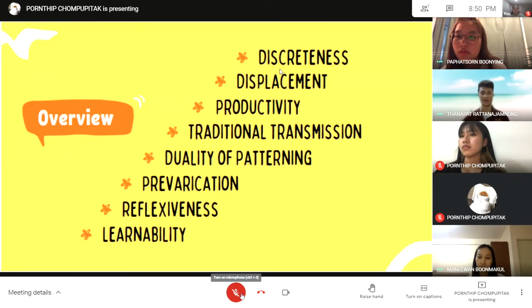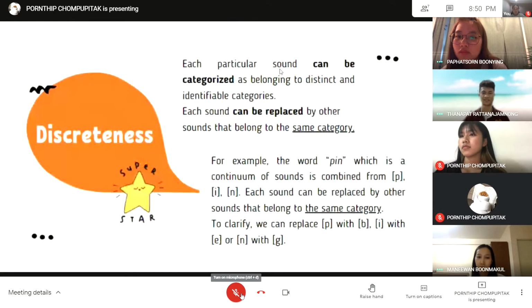Next, discreteness. Discreteness is that each particular sound can be categorized as belonging to distinct identifiable categories. Each sound can be replaced by other sounds that belong to the same category.